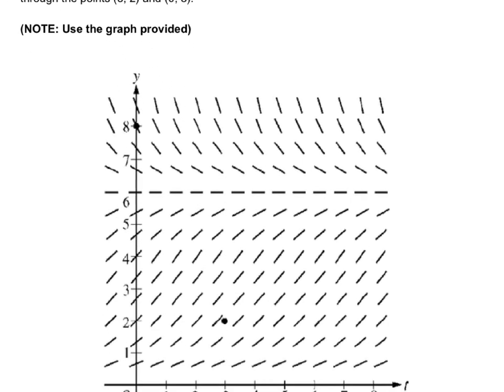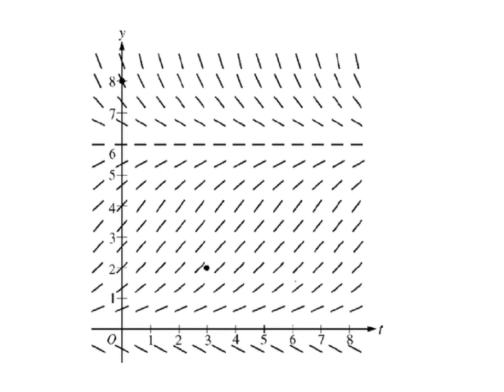So it doesn't even matter what that equation is. The only thing we're looking at is the slope field and then these 2 points. From this top point, just look how this thing kind of flows. So hopefully you can see how this works. That one particular solution would look like that.